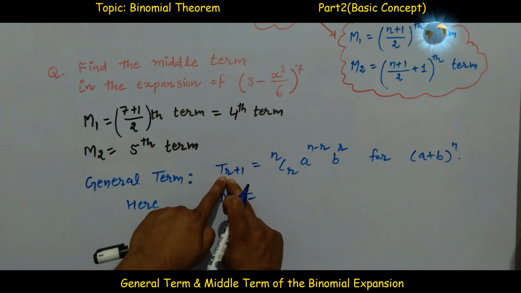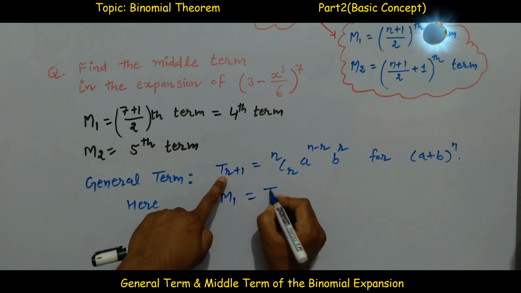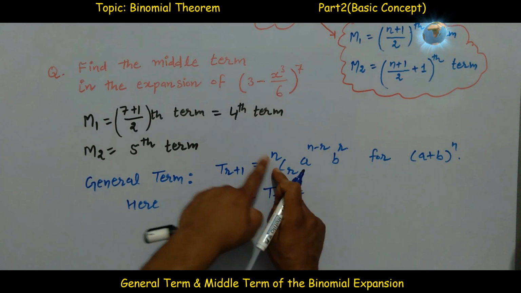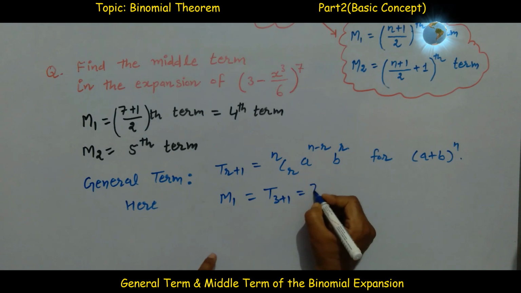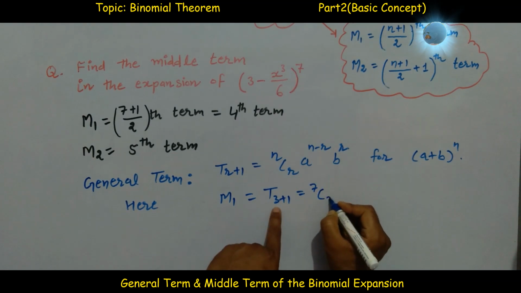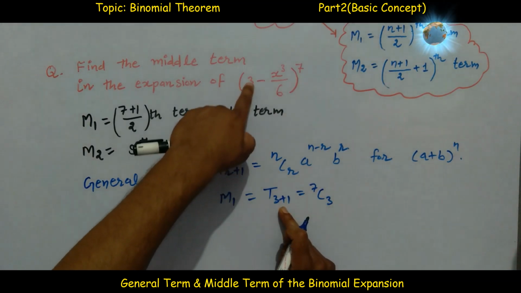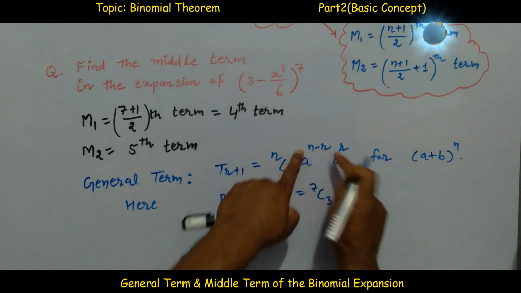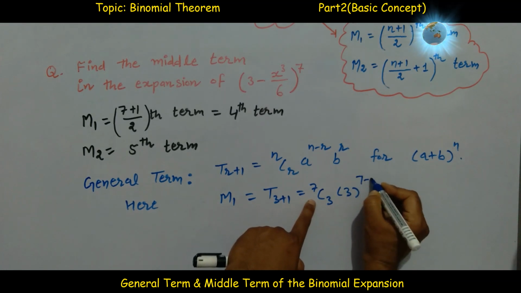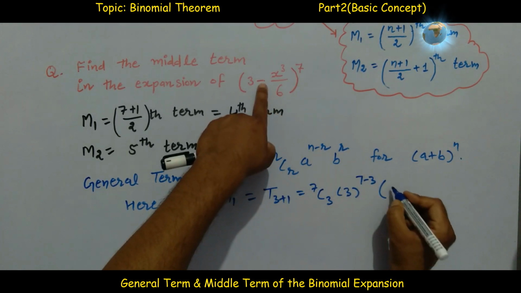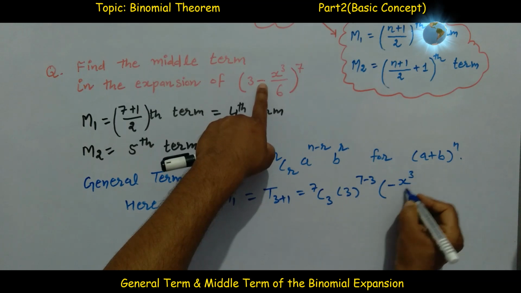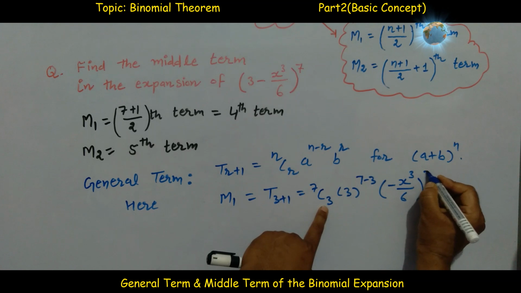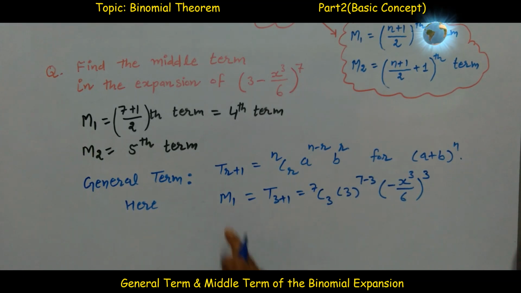Fourth means r is 3, 3 plus 1. The value of n is 7. 7C3. The value of a is 3, so 3 raised to power n minus r, 7 minus 3, into b. b means (-x^3/6) whole raised to power r. r is 3. This is the first middle term.